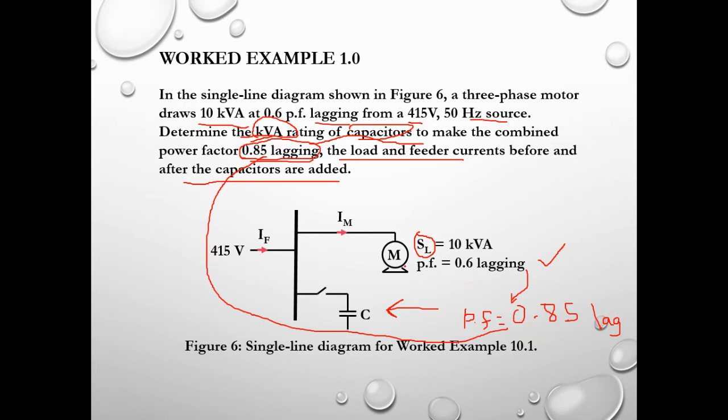So the motor draws an apparent power of 10 kVA, operating at 0.6 lagging PF, and after we put in the capacitor, the power factor becomes much better, which is 0.85.